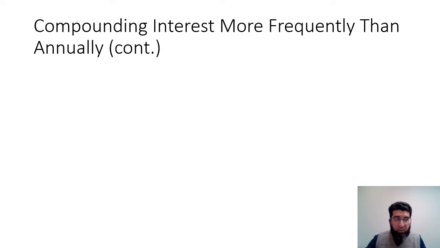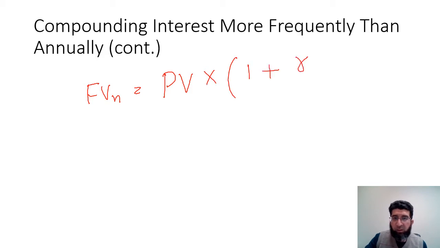Now we can see that we can draw a general equation, which is basically future value of n equals present value multiplied by (1 plus r divided by m) to the power n times m, where m is the compounding period.